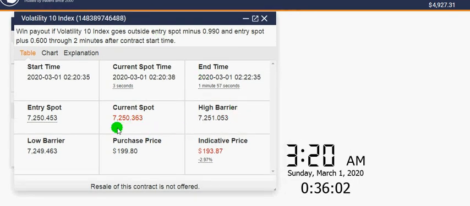Okay, let's wait. So this is the entry spot, 254.53. This is the current spot, 250. We are close to the higher barrier. We are moving towards the higher barrier.